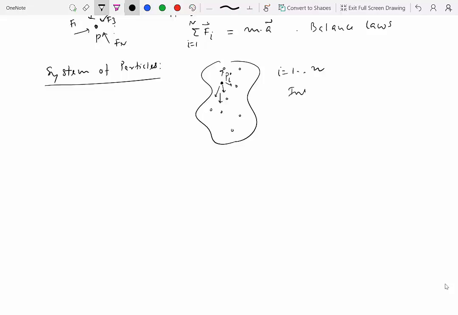The forces internal to the system on Pi are basically what we'll call Pi1, Pi2, Pi3, and so on. So these are the forces being applied by particles other than Pi.